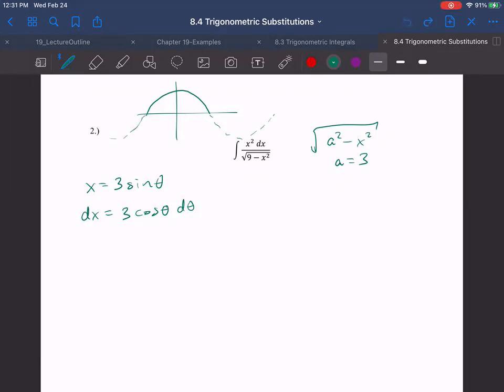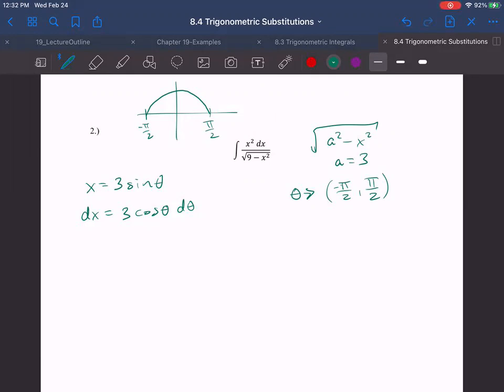So where are we going to restrict ourselves? So negative pi over 2 and pi over 2. So we want our theta to be from negative pi over 2 to pi over 2. Keep ourselves positive there.